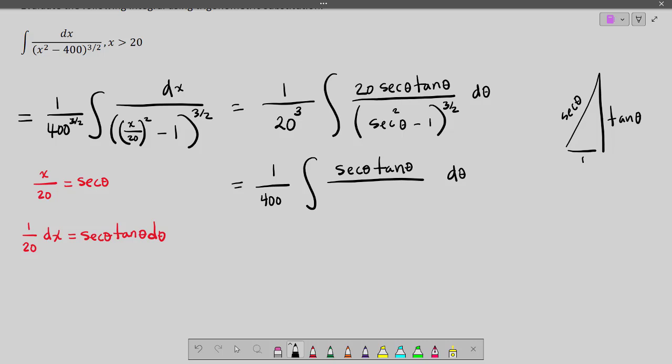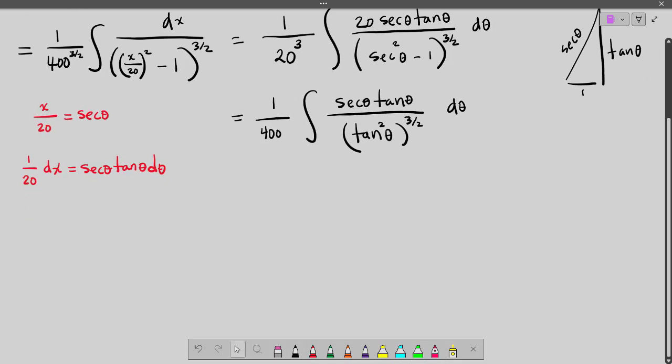So 1 over 400, u to the negative 2 times du. Now we're back in power rule land. Add 1, divide by the new exponent. So we're going to add 1 and get a negative 1, divide by negative 1. So we're going to end up with negative 1 over u plus c.